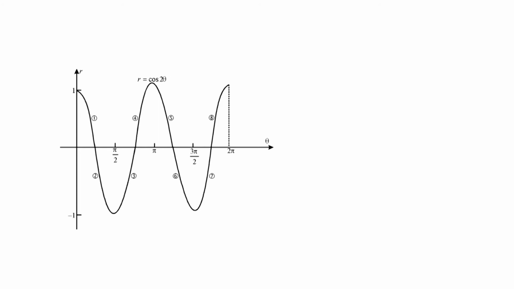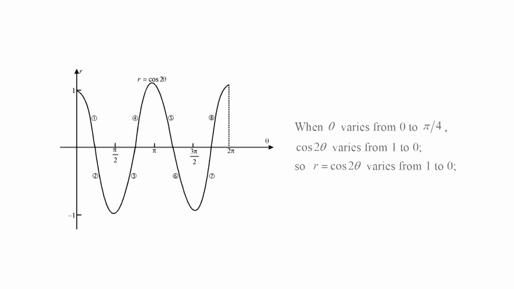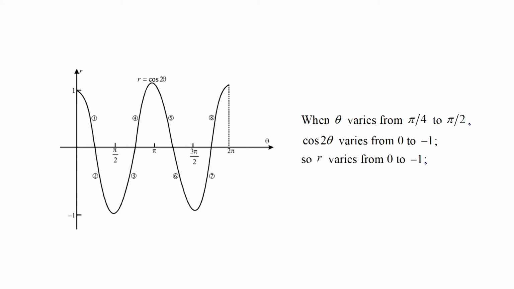Referring to the figure, it can be seen that when theta varies from 0 to pi by 4, cos 2 theta varies from 1 to 0. So, r = cos 2 theta varies from 1 to 0. When theta varies from pi by 4 to pi by 2, cos 2 theta varies from 0 to negative 1.